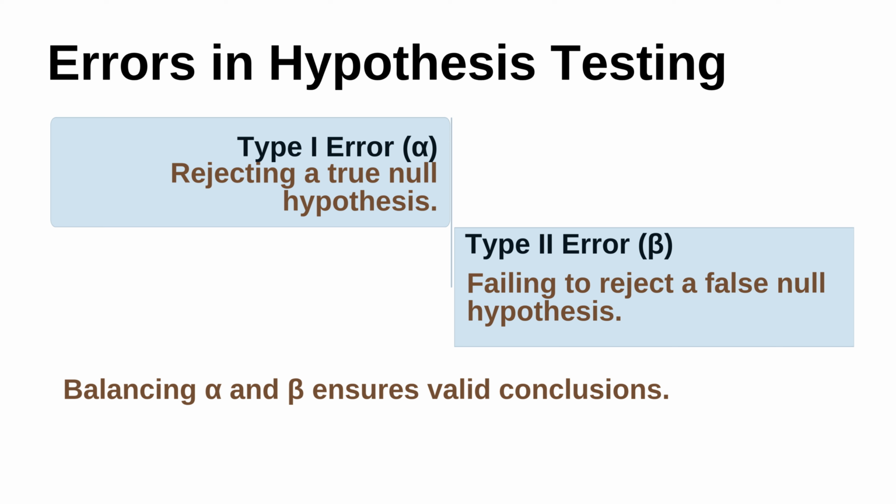The type 2 error or the beta error is failing to reject a false null hypothesis, or what we call the false negative. Balancing alpha and beta helps ensure valid conclusions. We researchers typically minimize both by careful sampling, proper test selection, and adequate power.